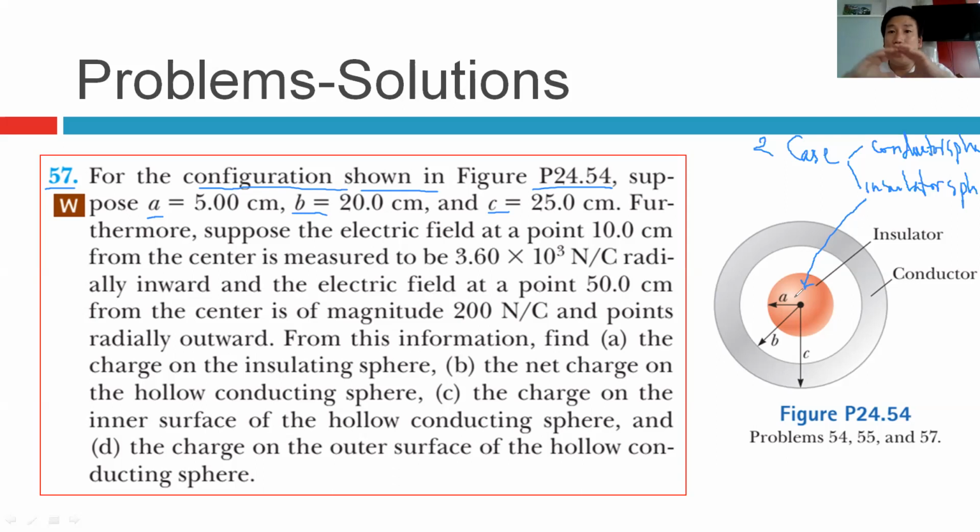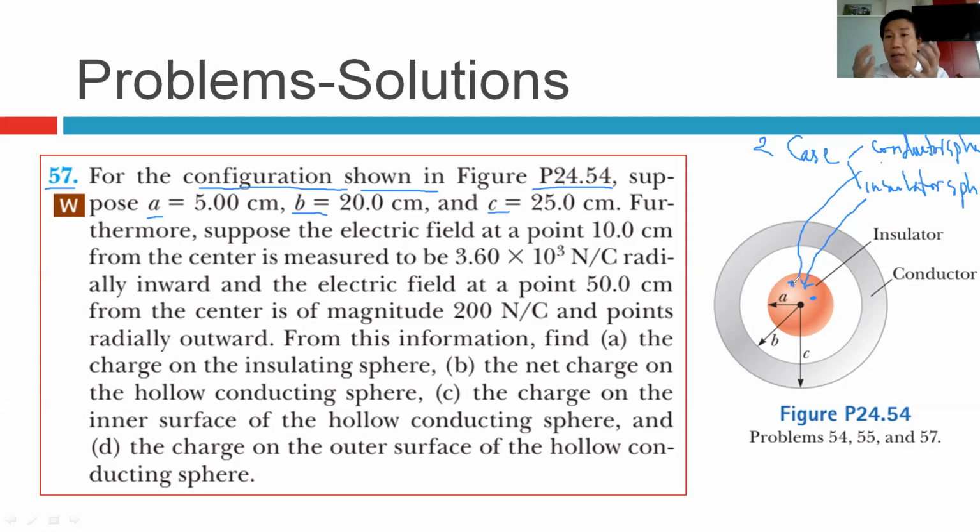All the charge will move to the surface of the conductor sphere. But in the case of an insulator sphere, the charge will distribute everywhere, inside and on the surface of the sphere. It means that for an insulator you have charge inside the sphere, but for the conductor sphere, inside there is no charge.